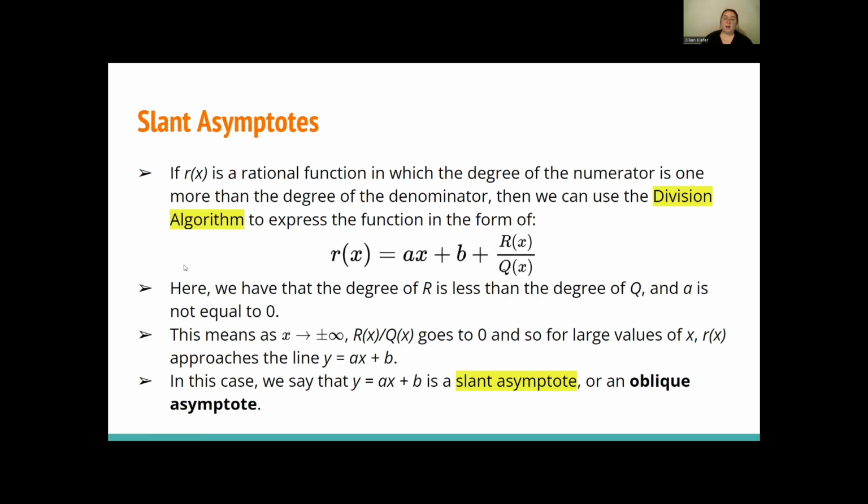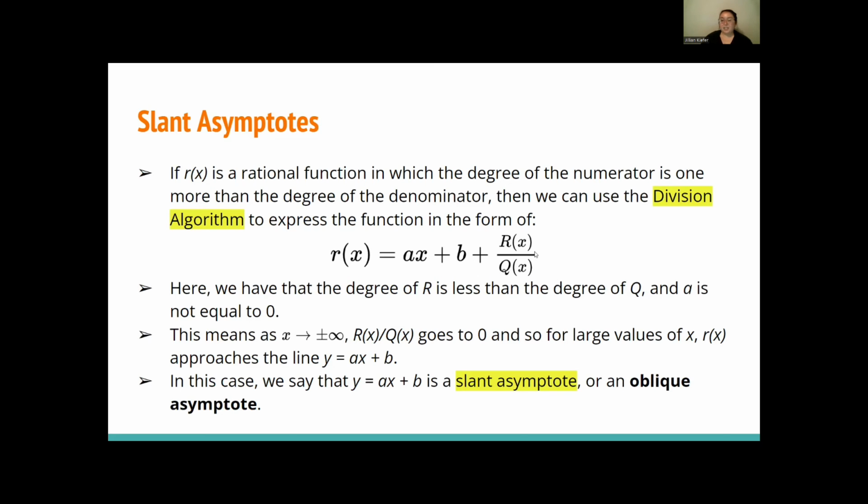So here we have that the degree of r is going to be less than the degree of q. And so a is not equal to 0. We just have to say that a is not equal to 0. This means that when x approaches positive or negative infinity, this statement is going to go to 0. Because we see that capital R of x, this degree would be obviously less than q of x.